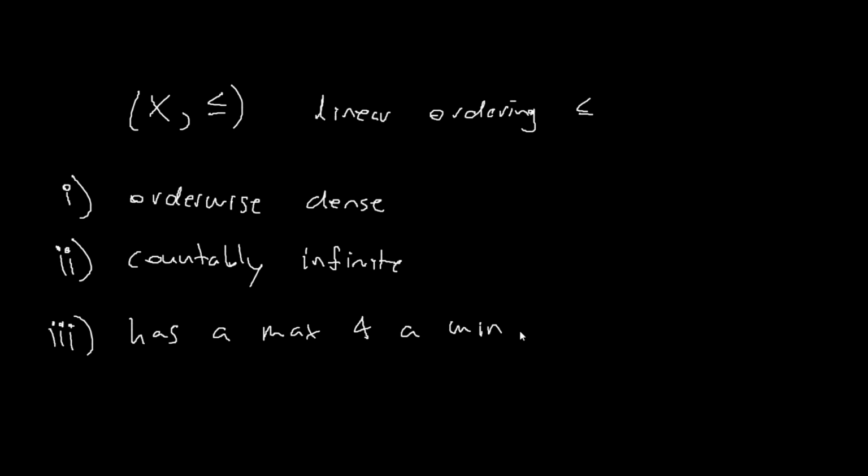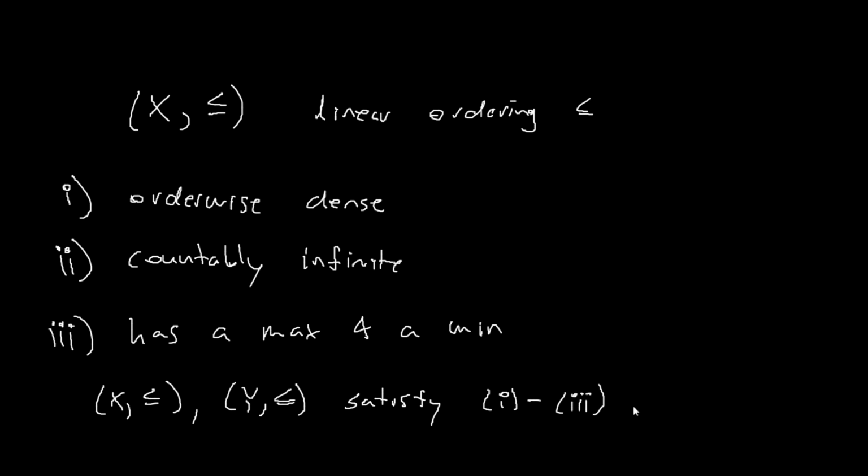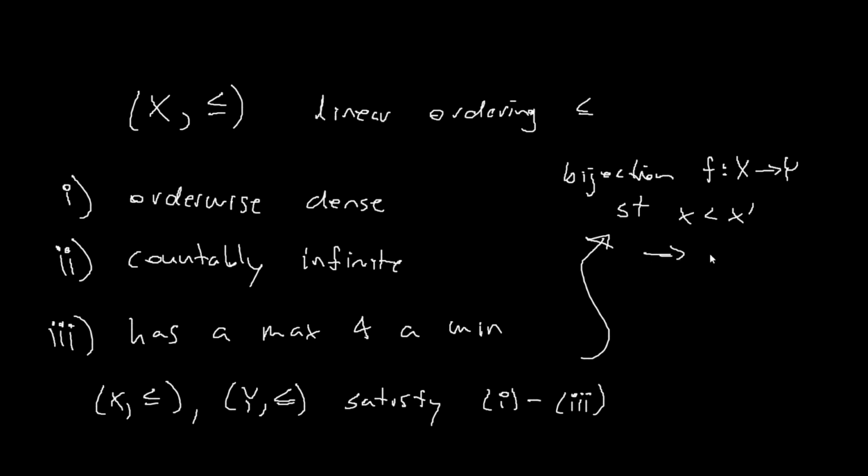And what I mean by order isomorphic is, given any two such sets, like x and y, that satisfy the three properties, there's going to be a bijection, let's say f from x to y, that preserves the ordering relation, meaning that if x is less than x prime, then f of x is less than f of x prime.